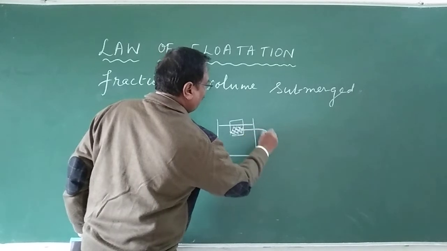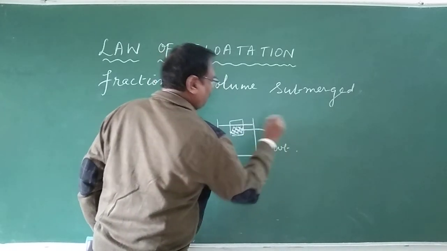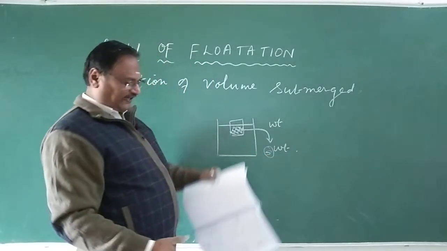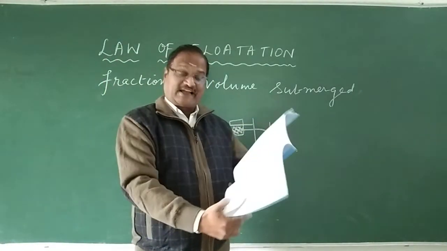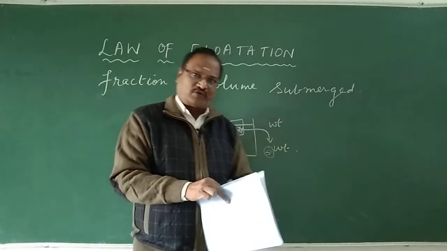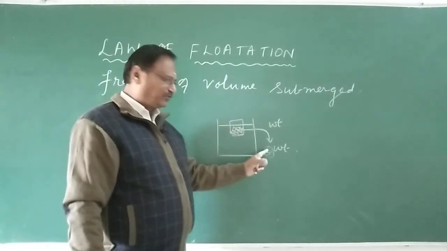If the weight of the shaded part is equal to the weight of the liquid displaced, the water that has been displaced here, or greater than that, then the body will float. For flotation, that is the condition. Because this should be less and this should be more.